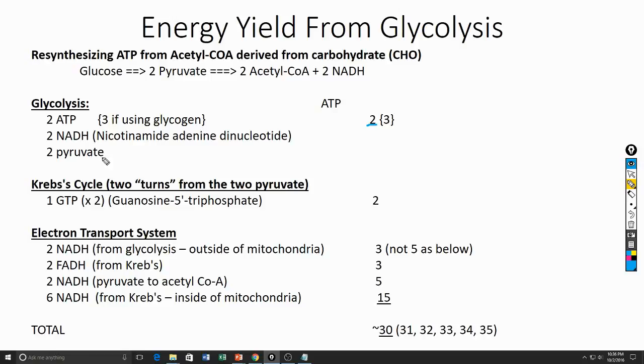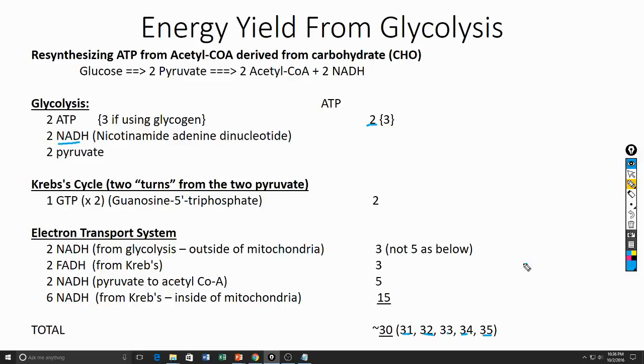The NADHs produced from glycolysis itself, depending on the type of muscle fiber, which is why you have different numbers here, give us something between 3 and 5 ATP.